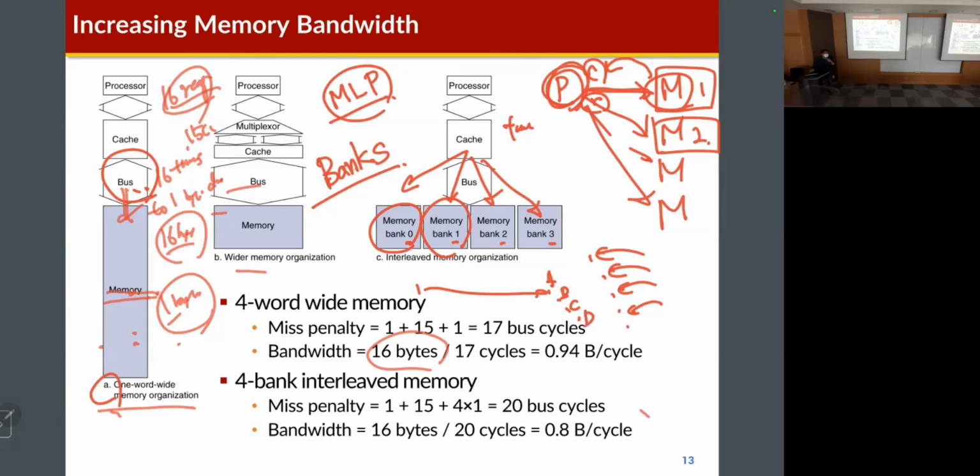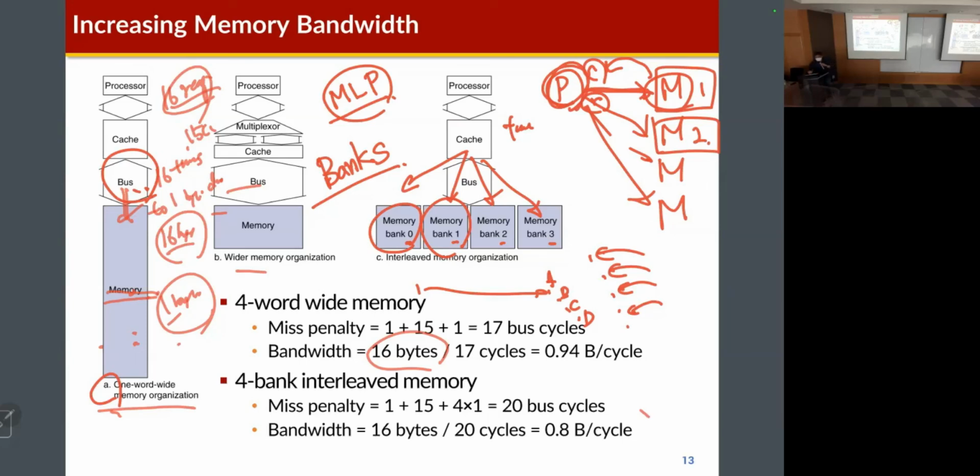So this technique is called memory interleaving. So which means that we can use multiple memory banks. Actually, bank means an independent memory block that can respond to the request from the processor.